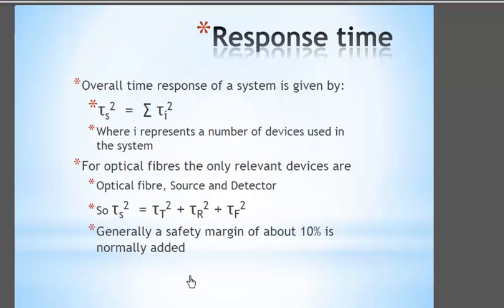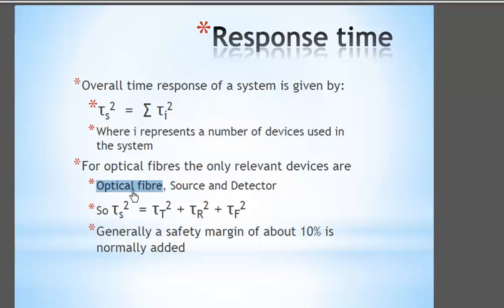Good. We need to put some formulas in our head now. Now that you understand rise time, we have to consider the rise time of the fiber optic cable itself.